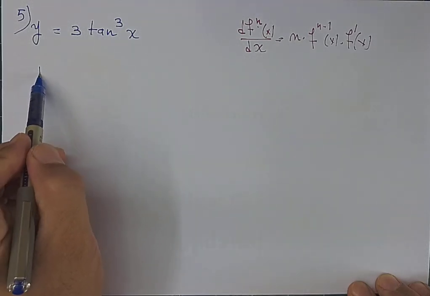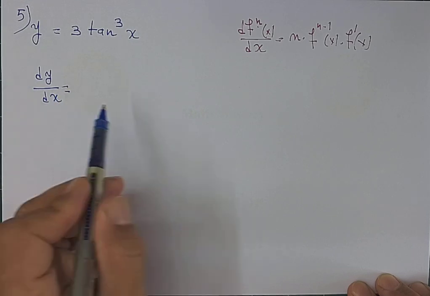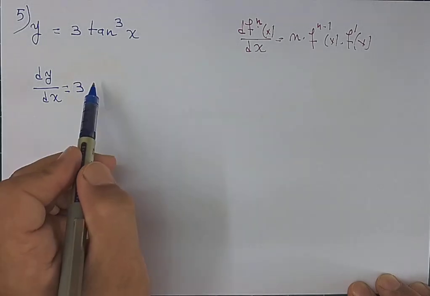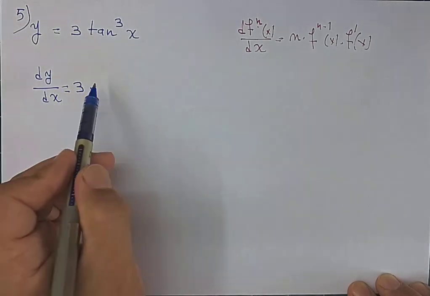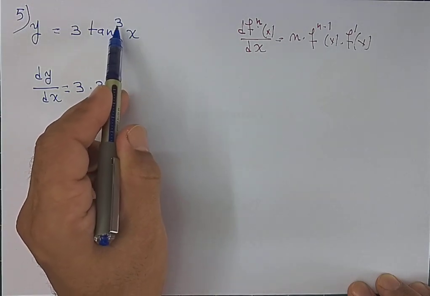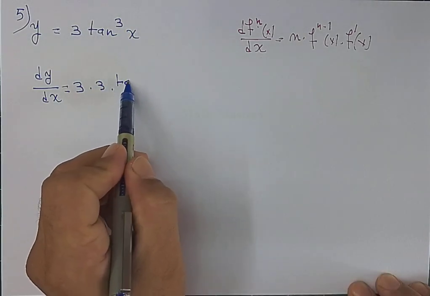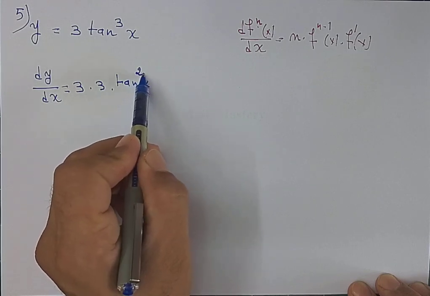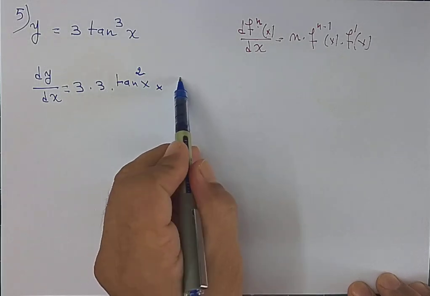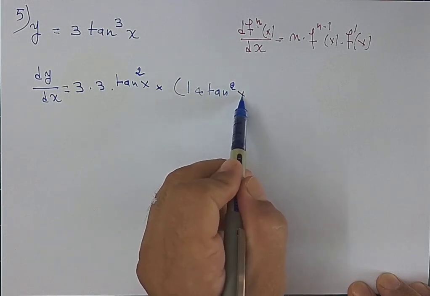We have dy/dx equals 3, the constant, times the power 3, times tan x to the power 3 minus 1, which is tan square x, times the derivative of tan, which is 1 plus tan square x.